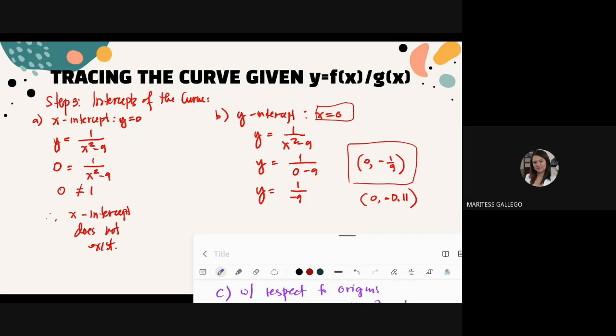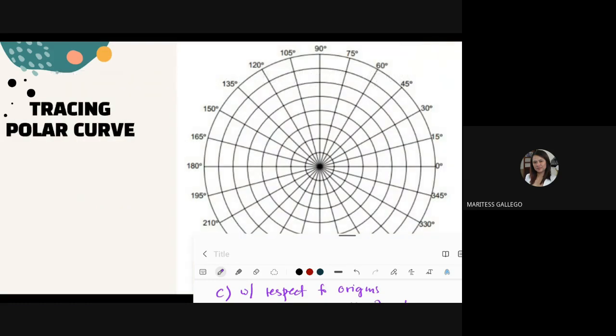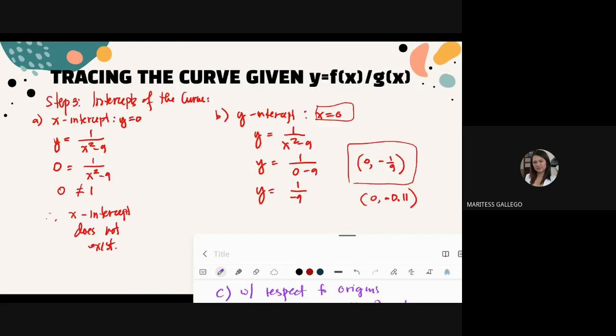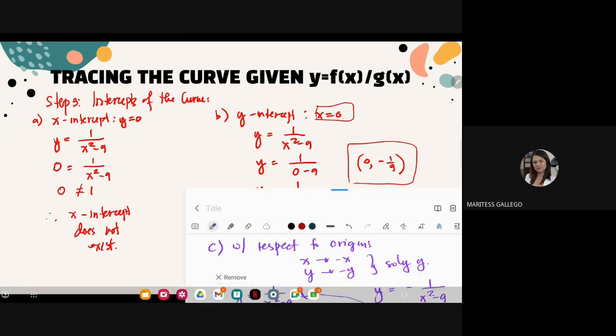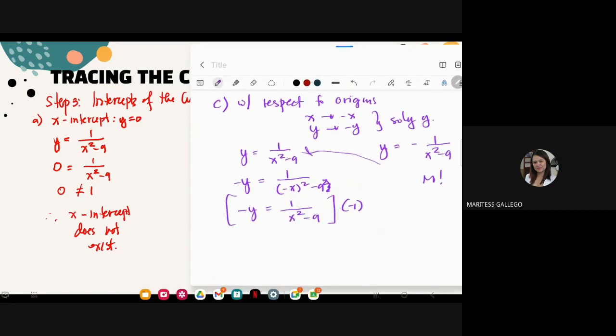Okay? So, there. And the last one is we're going to add additional points. Pero kailangan muna natin i-graph. Okay. So, let's see.